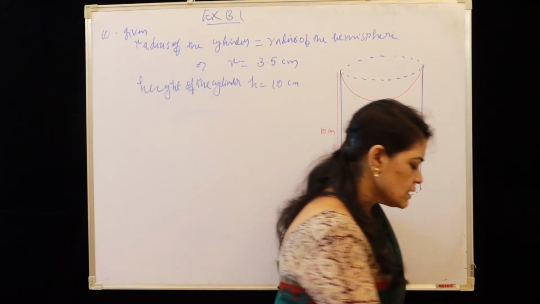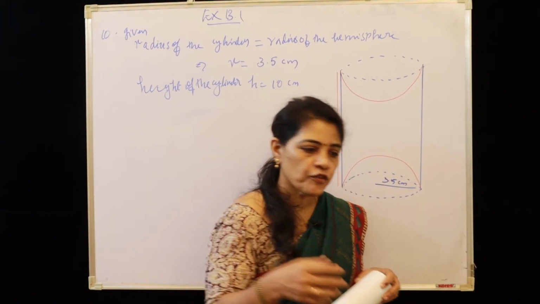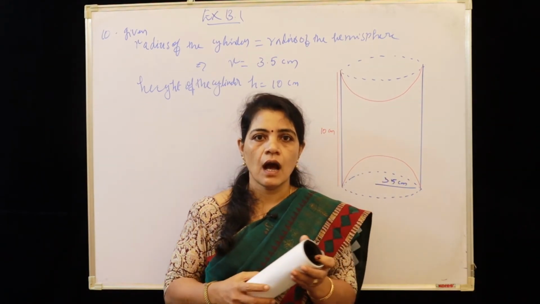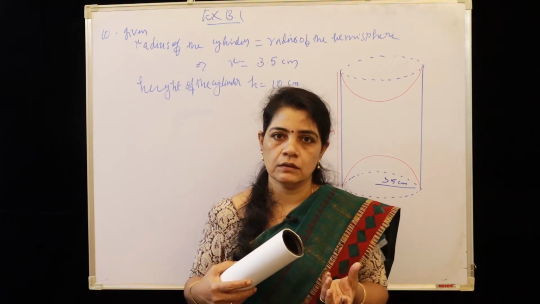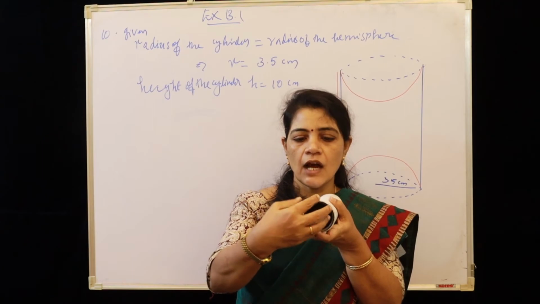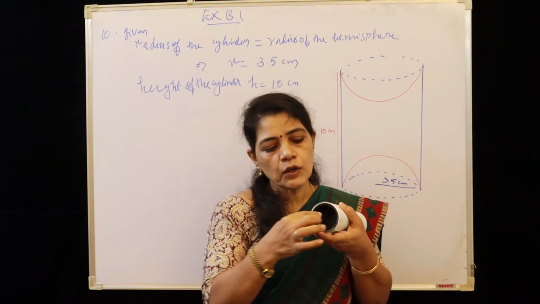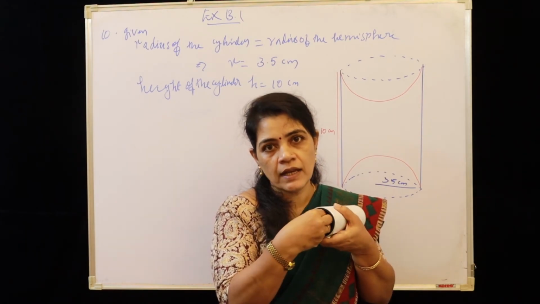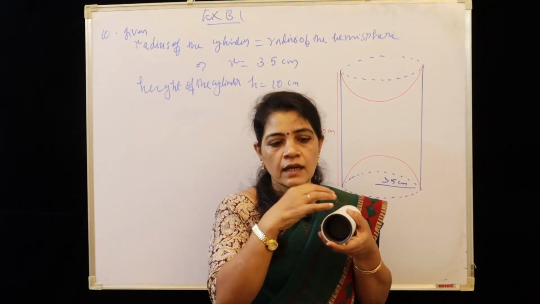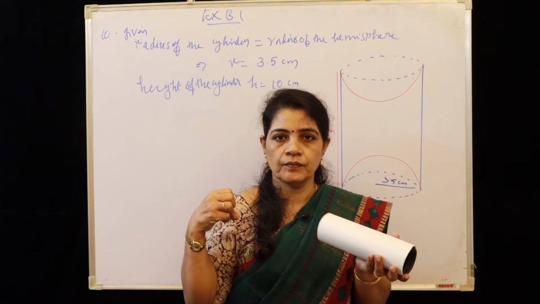So this is the solid cylinder, and from both ends two hemispheres are scooped out. So you can see, after taking this hemisphere from both ends, this CSA is remaining there in the end, from the entire solid cylinder, hemispheres on both sides are scooped out.